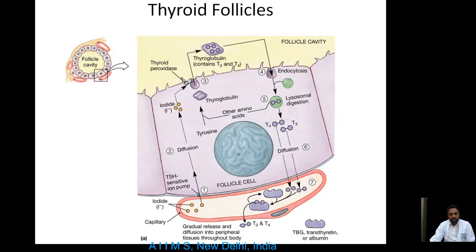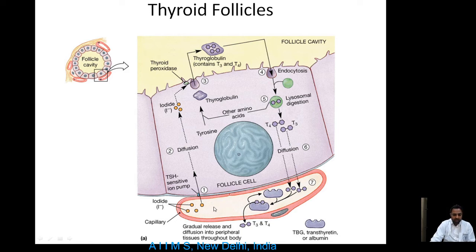So how do T3 and T4 get synthesized? See these pictures very carefully. Okay, this is the cell, and this is the follicular cavity, that means the colloid, and this is the epithelium. And this one is a capillary, where the iodine from the diet is absorbed and comes to the cell.